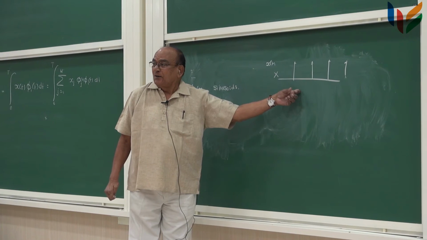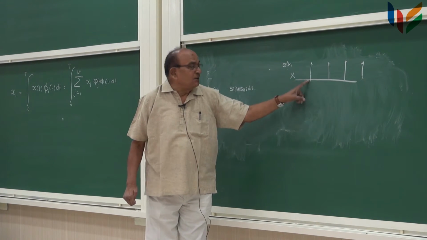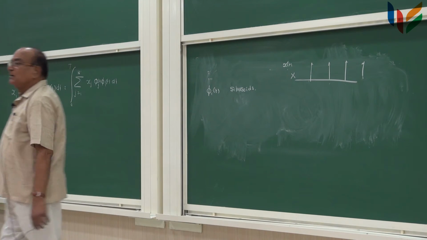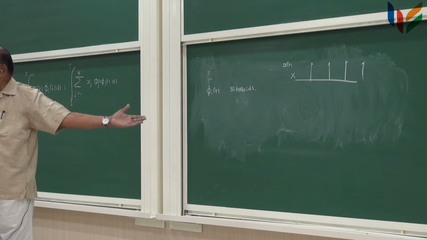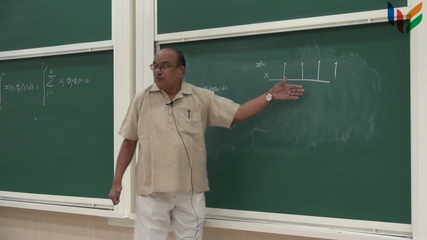When I multiplied this, I got the value of x of t at this instant, at this instant, at this instant, as numbers. And these numbers are similar to our exercise, and so this should also be forming an orthonormal set.